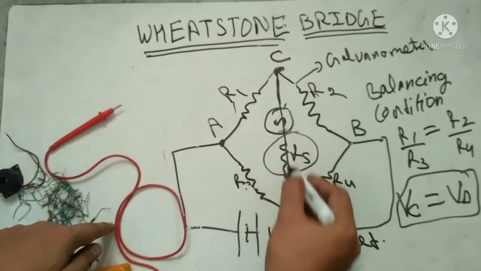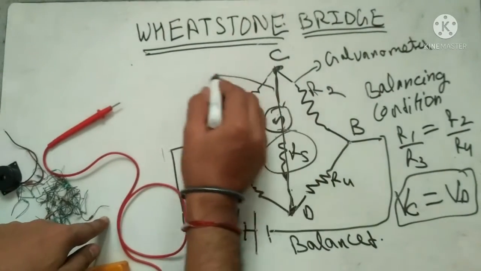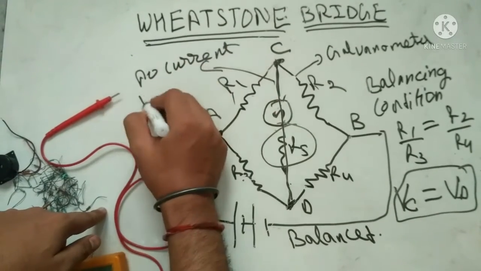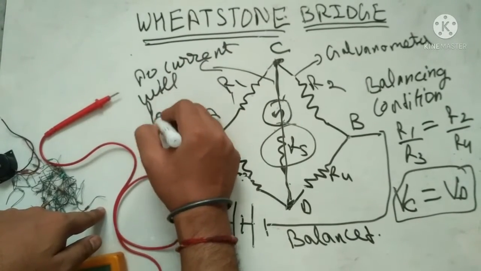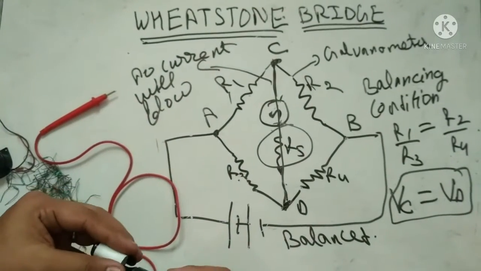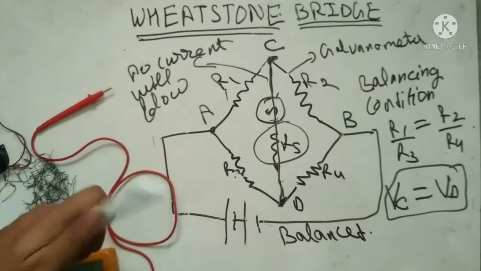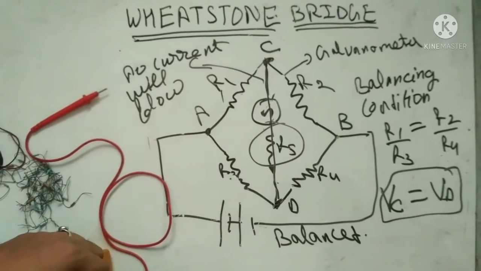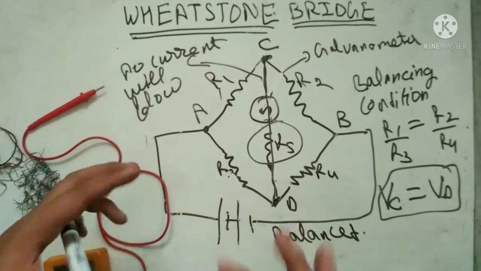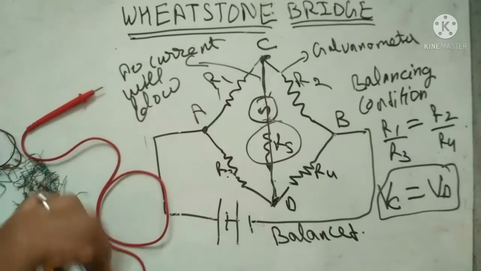No current will flow in this branch. Students, this we will check in our experiment, and that's how we can learn about the balancing condition of a Wheatstone bridge by making a simple circuit.